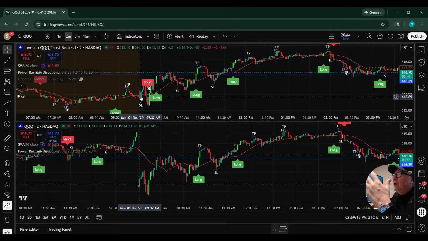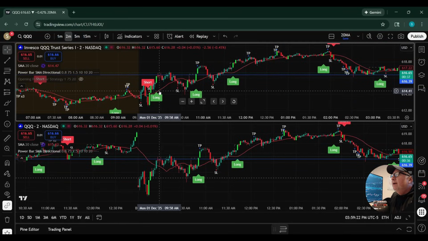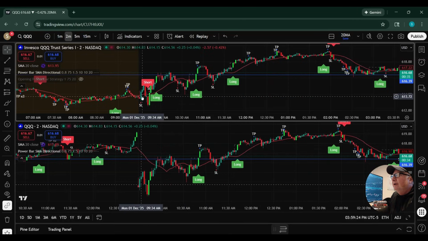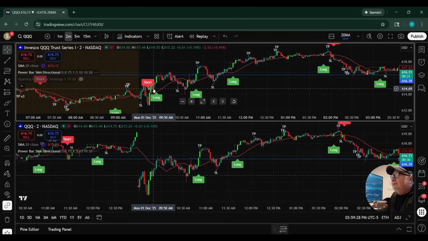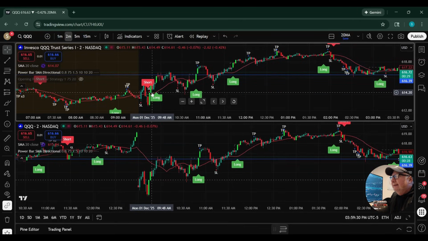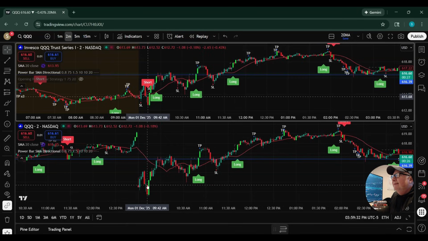Whereas if you were looking only at the pre-market or extended hours chart, you saw this move higher. Again, I don't want to trade this power bar. I want to trade this power bar. And this isn't a correct setup for me to trade.